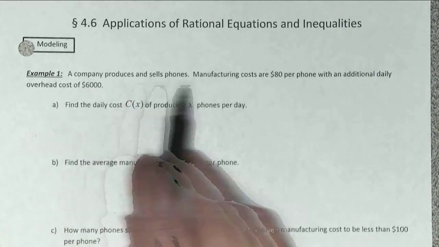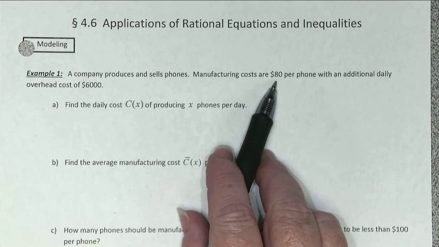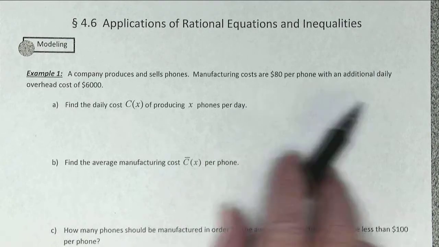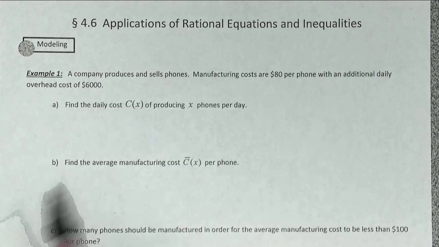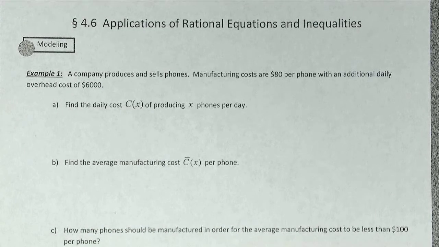Manufacturing costs are $80 per phone, with an additional daily overhead cost of $6,000. I'd like to start by looking at the daily cost of producing x phones in a day. That's what we're going to call C of x.